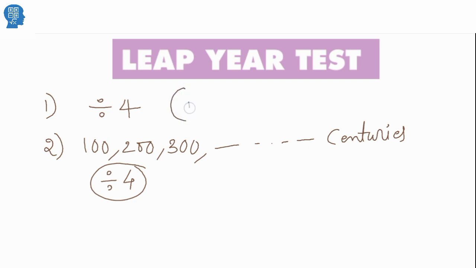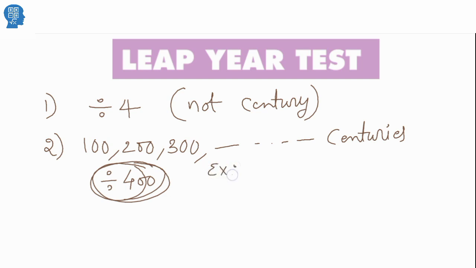So the first point is the year which is not a century, that should be completely divisible by 4. If it is a century, then that should be divisible by 400. So for example we can take 1640. 1640 is not a century.